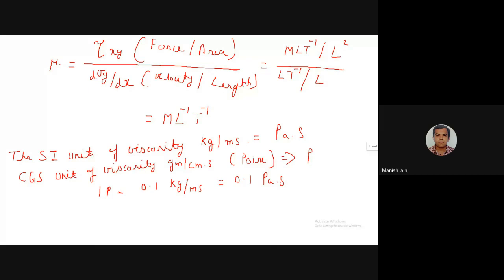Okay. One more famous unit of the viscosity is the centipoise, represented by Cp. So 1 Cp equals 0.01 poise, that is equal to 0.001 Pascal second. Okay, so why is centipoise important?